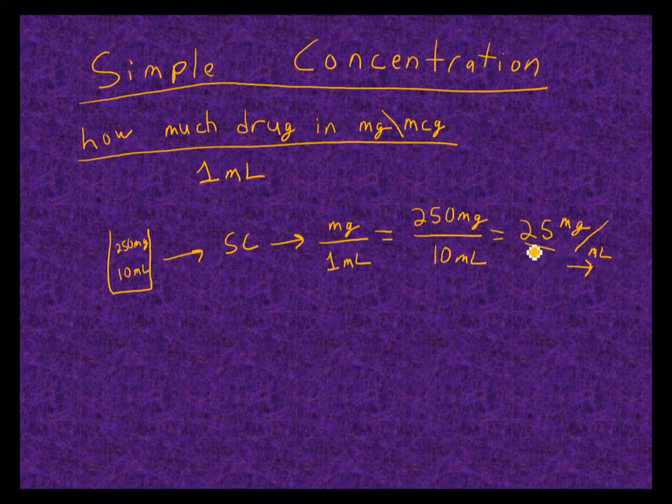Now that's going to be extremely important for our next step that we'll learn about in the next section, which is basically how to figure out how much drug to pull up in a syringe. But I have to know this first, so this is the next crucial step. Now I can use this when I'm using an ampule of medicine. I can use this when I'm using a vial of medicine.